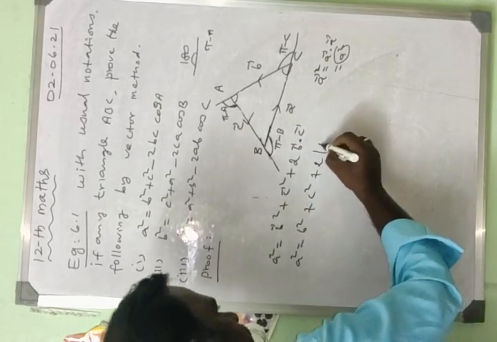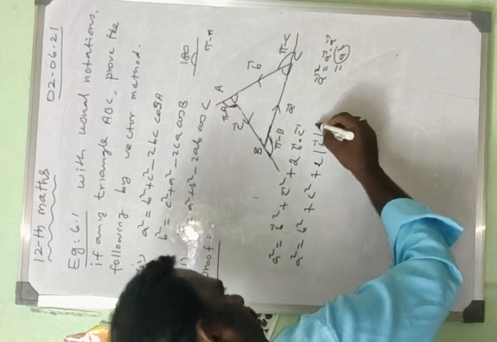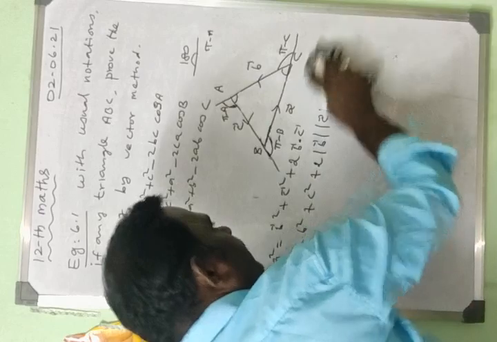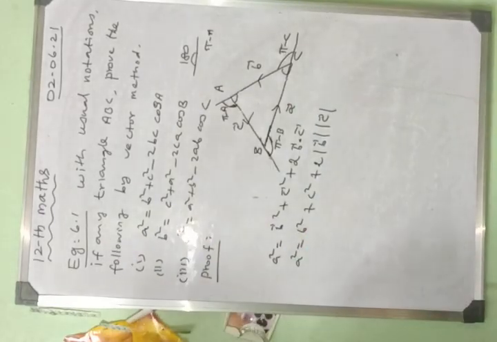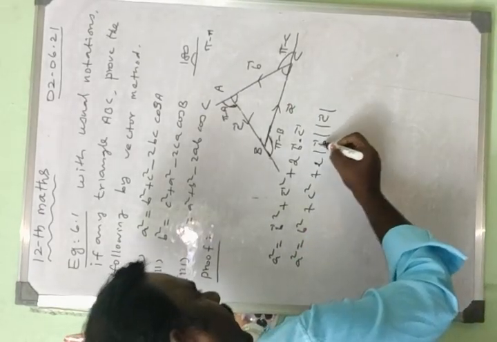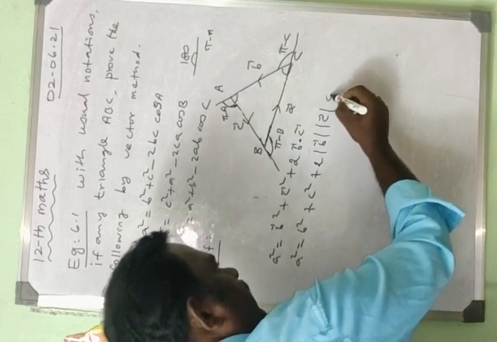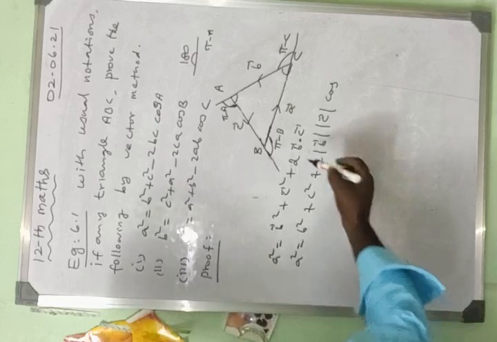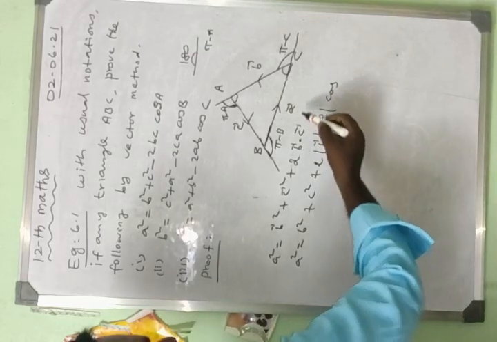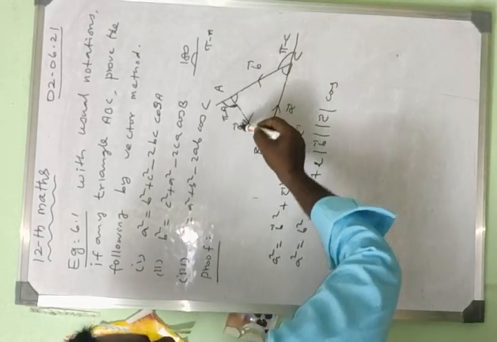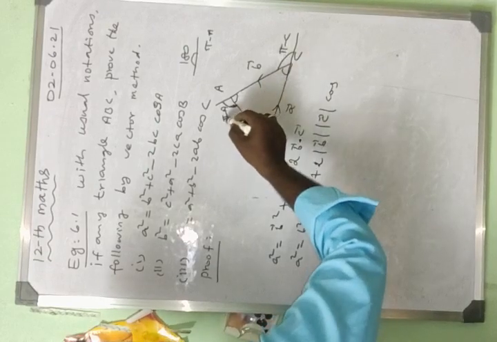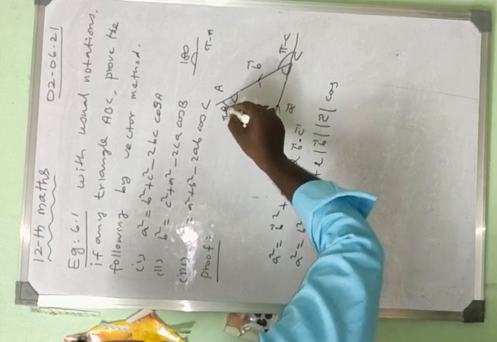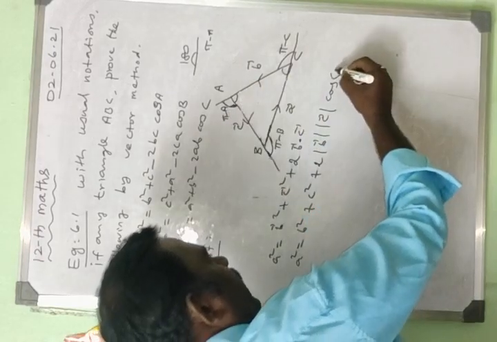Mod vector B, mod vector C, cos of what is the angle? We put the outer angle. This is B side, this is C side. What is the outer angle between them? Pi minus A. Both sides' outer angle is pi minus A, so we put pi minus A here.